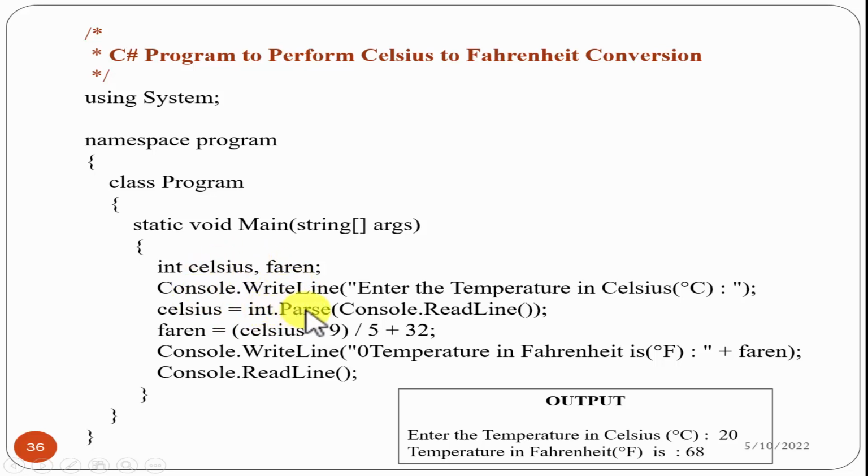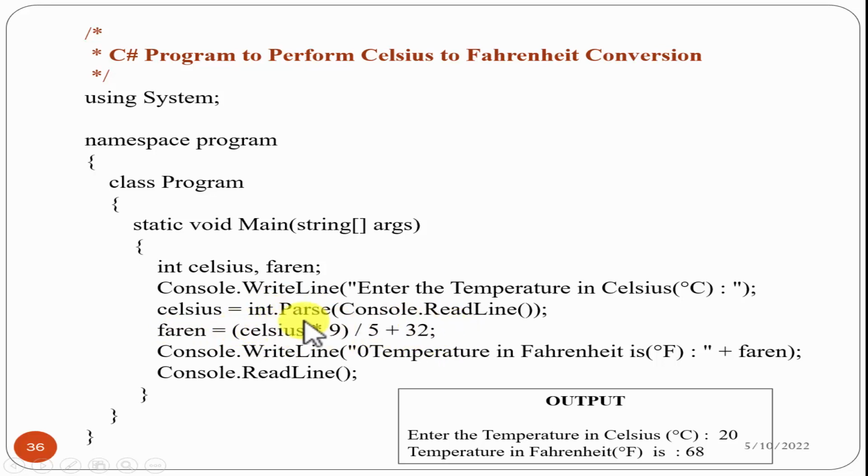So it will convert the value from string type to integer type, and then store it in the Celsius variable of integer type. An integer type variable receives an integer type value, so that's why we convert it to integer type. Then the Fahrenheit: there we just calculate.